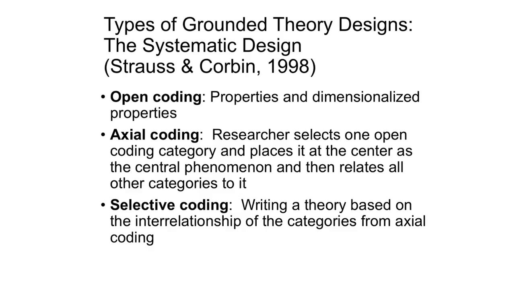Is it considered an extreme example, a big example, a small example, and so on. So there's some thought of quantification and magnitude in qualitative research as well. There's crossover of different ideas and approaches in the two designs. Then after the axial coding, you do selective coding, where you're putting it all together and you develop a theory based on the interrelationships of the categories from the axial coding.